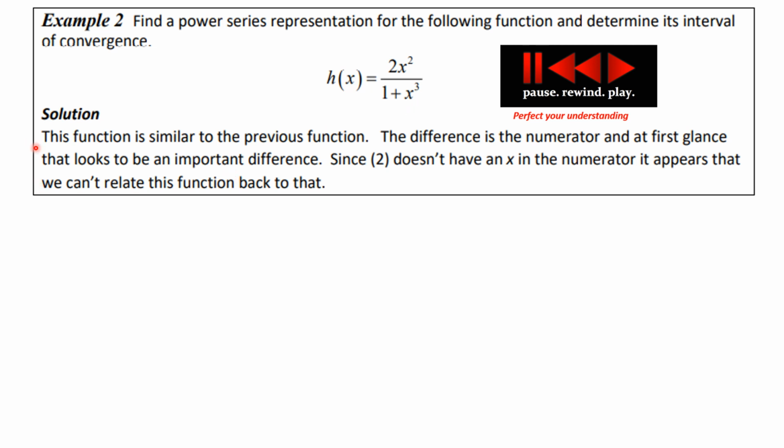Now this function is similar to the previous function. The difference is that the x squared is in the numerator. And at first glance, that looks to be an important difference. Since the equation for the geometric series didn't have an x in the numerator, it appears that we maybe can't relate it back to that. But we'll learn differently with this example.